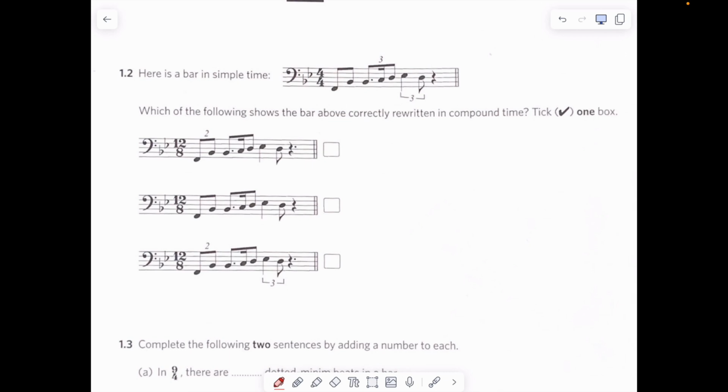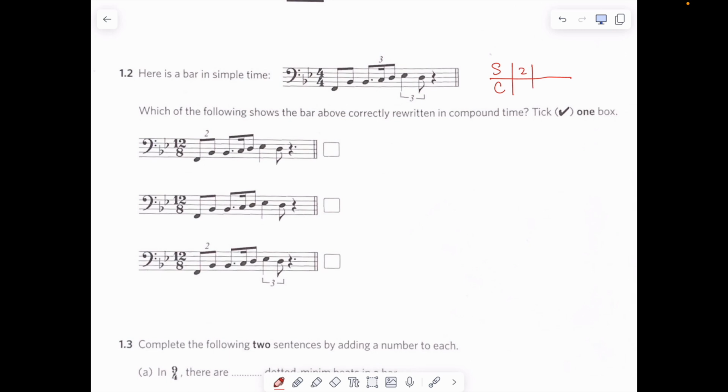So the first thing I'm going to do, just like the last video, is draw a simple time, compound time chart. If you're doing it during the exam, you don't have to draw it several times. You just draw it once on your scrap paper and use it for the whole exam.